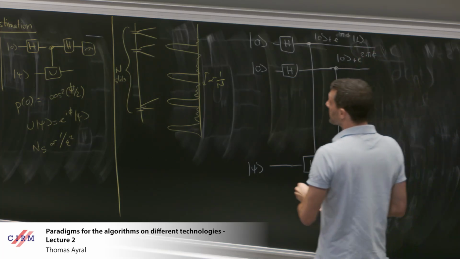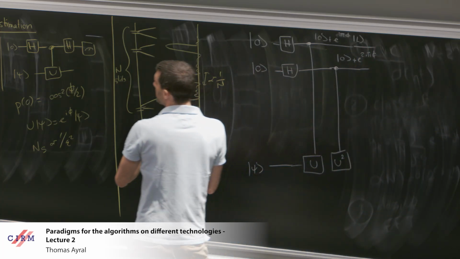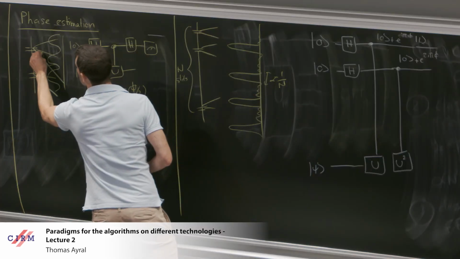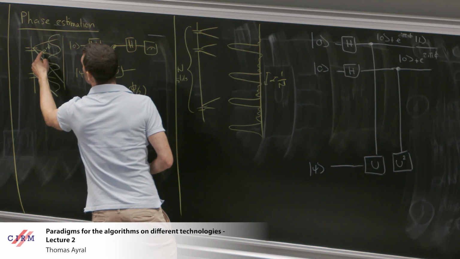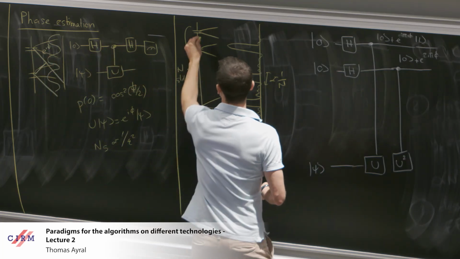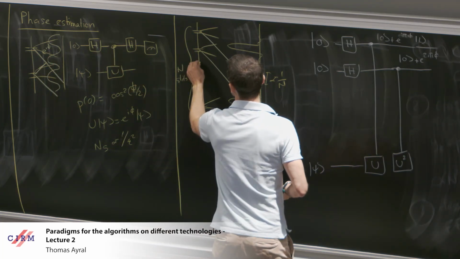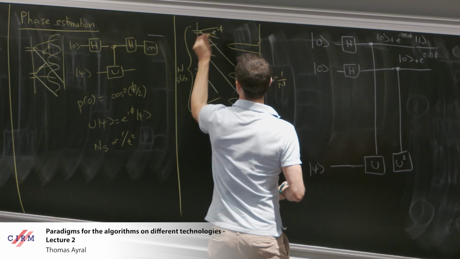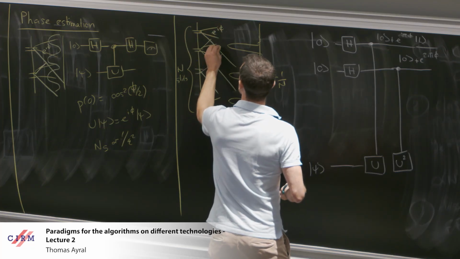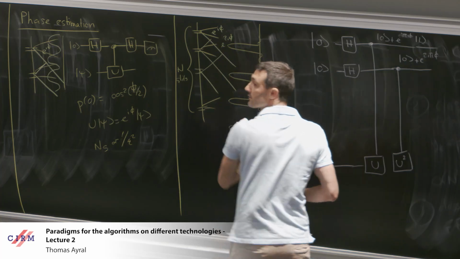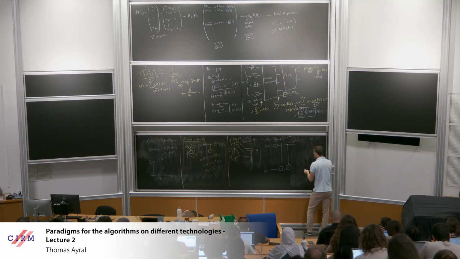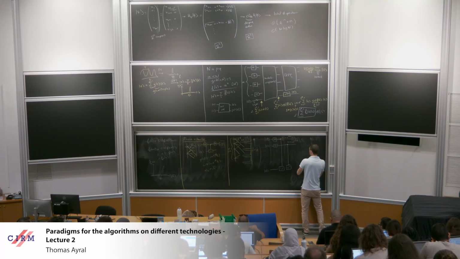And you see where I'm going, right? Because remember that the trick here was to say, here I had a dephasing e^(i phi) between those two, but here the idea is the same. Here I have e^(i phi), and here I'm going to have e^(2i phi), and so on and so forth. That's why I'm having a regular spacing here between the powers that I'm putting here. And so similarly, I can do the third one.